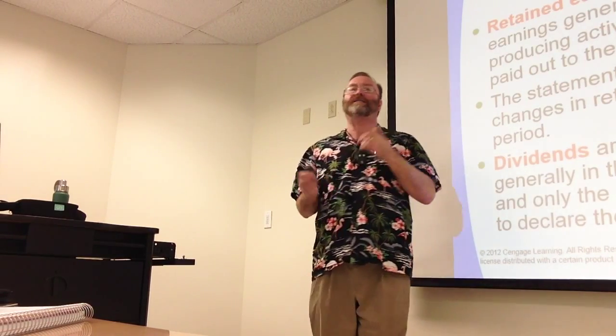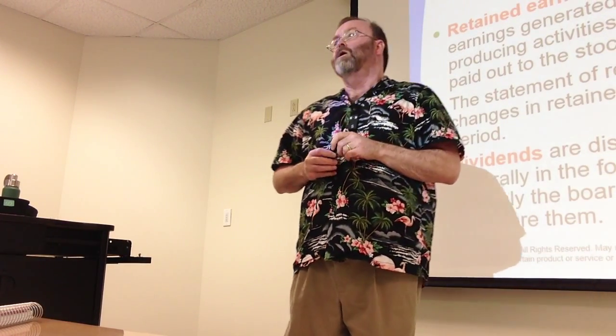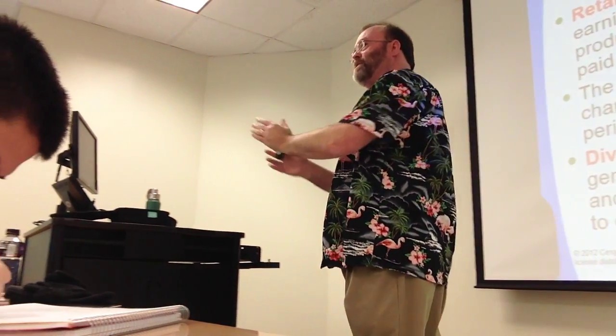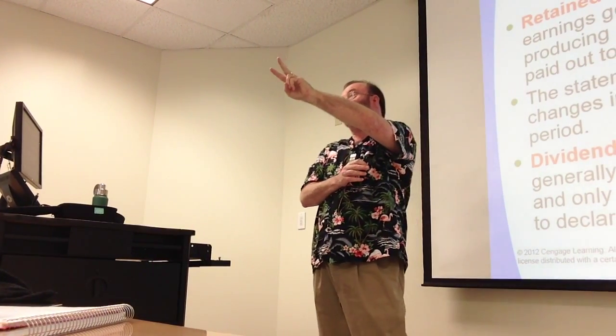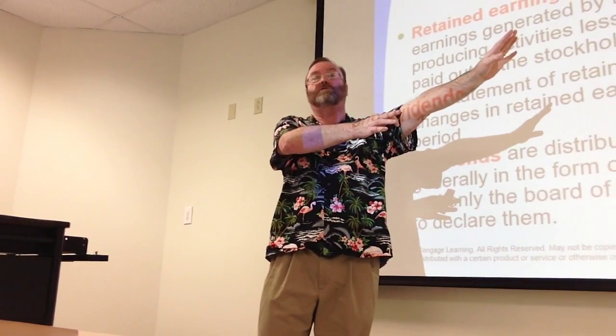The second one is the statement of retained earnings. Retained earnings are profits that are left in the business. Because if you make a profit, there's one of 2 things you can do with it. You can either distribute the profits to the owners.